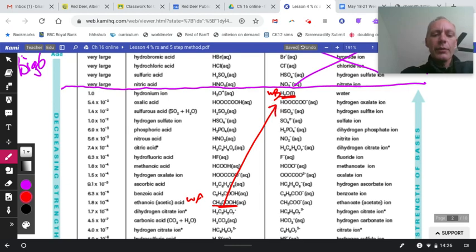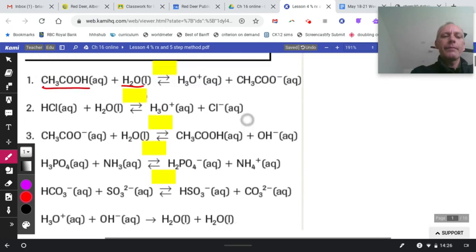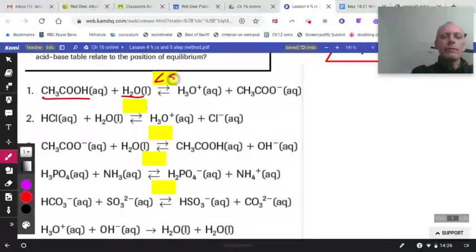The weak acid is below the weak base, so we are going to put down less than 50%. Okay, strong acid with water. We don't even have to look it up. As soon as we see it's a strong acid, we're done. Greater than 99%.